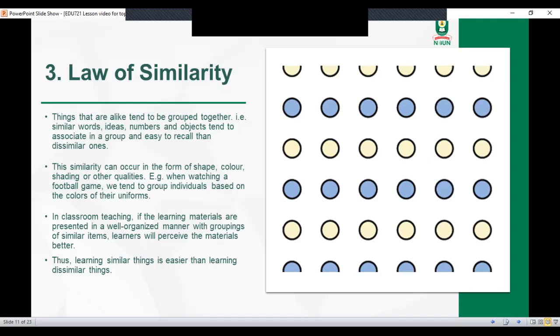You can see the rows of blue colors and the rows of yellow colors as a group of blue colors and yellow colors. Thus, learning similar things is easier than learning dissimilar things, things that are not similar.